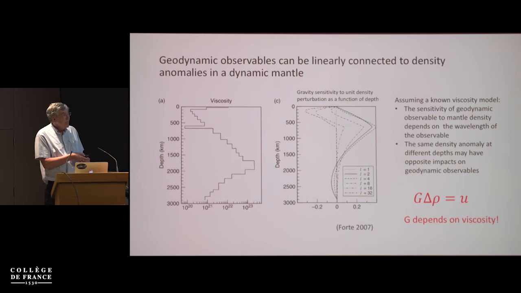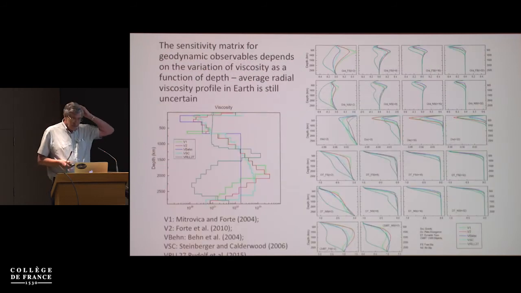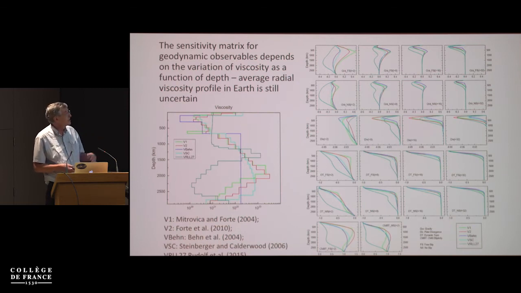Now these things depend on the viscosity as a function of depth in the Earth, and they are approximate in the sense that they assume a 1D viscosity model, so viscosity only varying with depth. So these particular kernels, we'll call them, are for this viscosity model over here. So there are many different viscosity models, and in this work, this comes from a paper by my student Chang Lu that came out last year, we looked at a number of different viscosity models going forward in this talk.